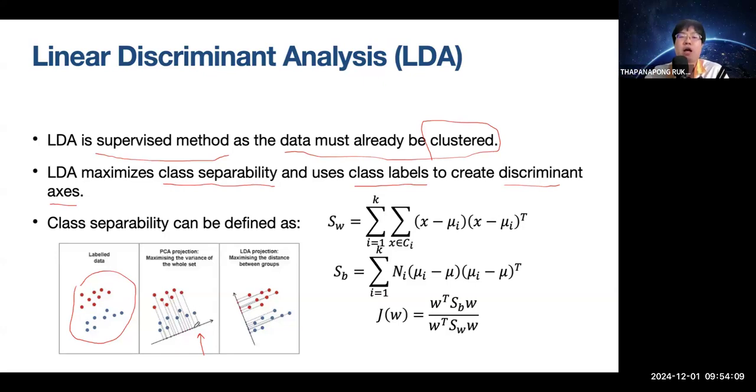All of the points are projected onto the axis, and then when you do the projection, you can see that data from two classes are actually mixed up.